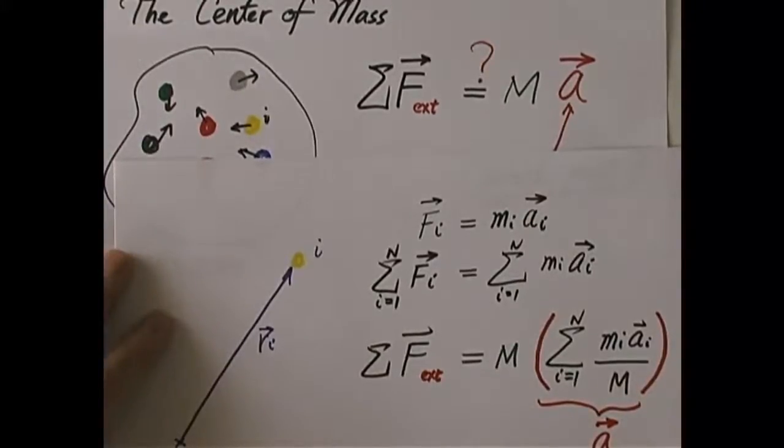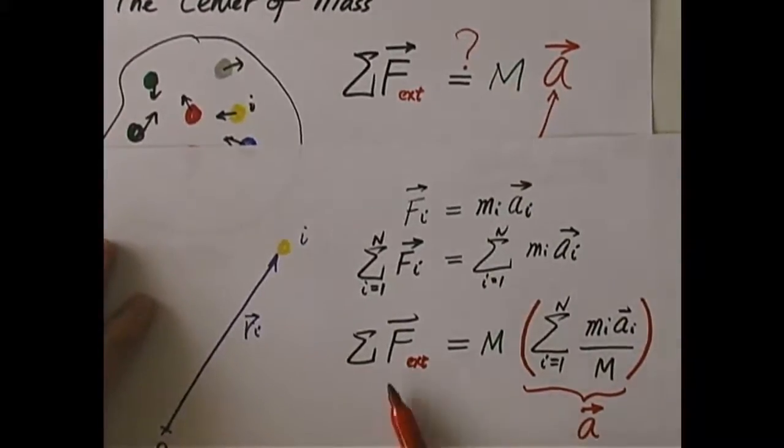Well, regardless of what it is, we do realize that if we call this A, whatever acceleration that is, then I have successfully written down a single equation. Net force on the entire system equals the total mass times that particular acceleration.